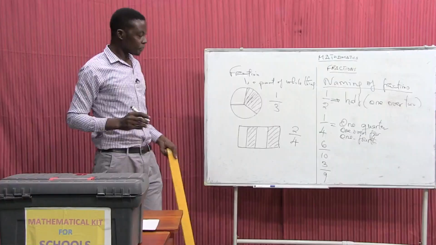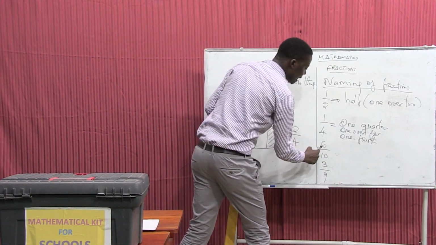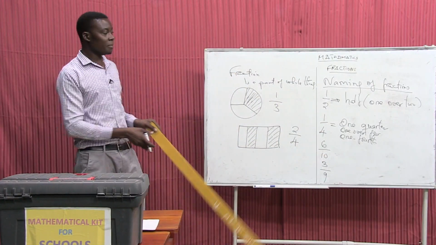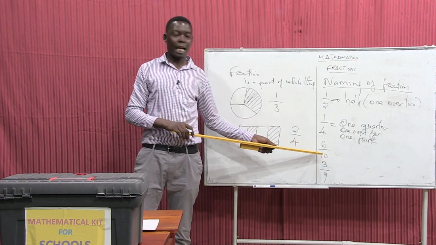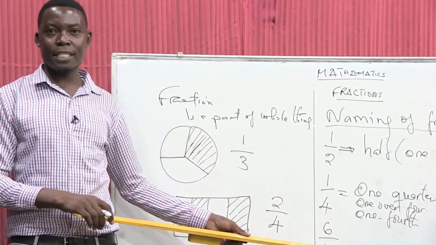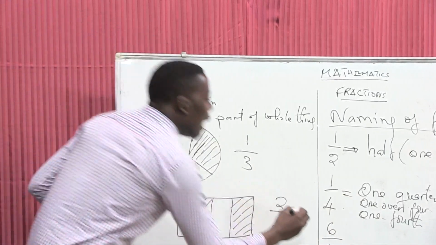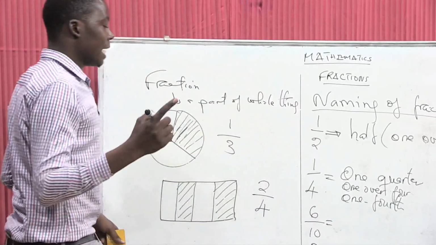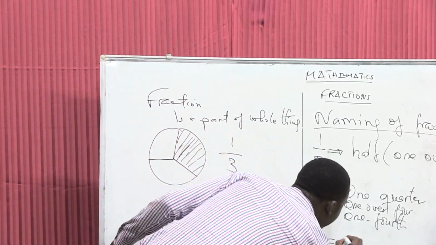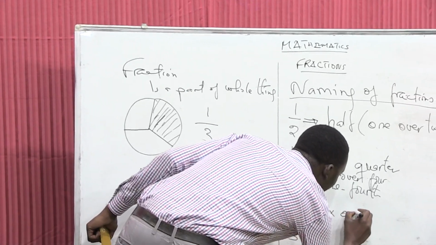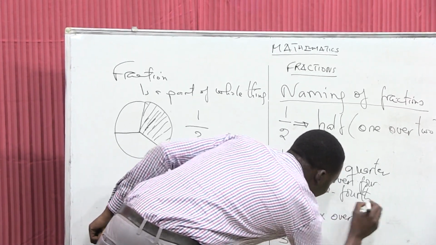You have this one, 6 out of 10. That means 6 portions are taken out of the 10 parts. So how do you read this one? We say it is 6 over 10.